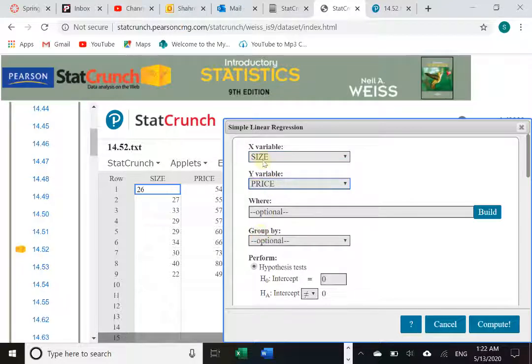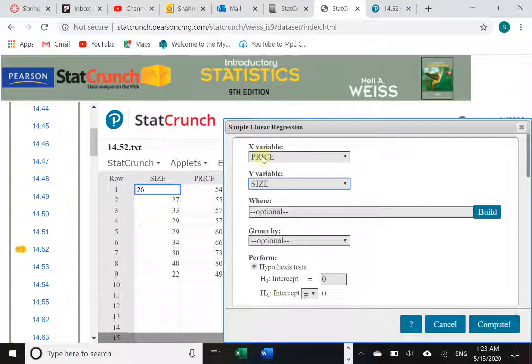Now, if I, for example, by mistake put price here and size here, that wouldn't make sense, because that means we want to predict with this option, which is incorrect. I want to predict the y variable. So that would mean predicting the size of a house from the price of a house, and that's misleading.